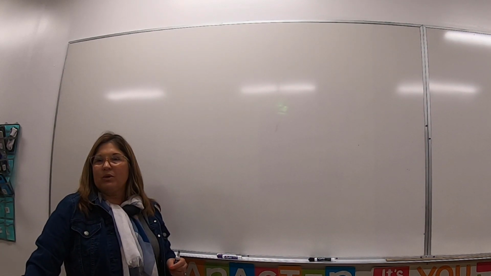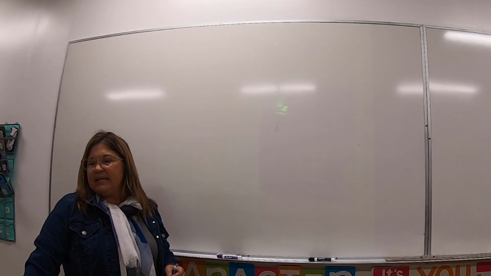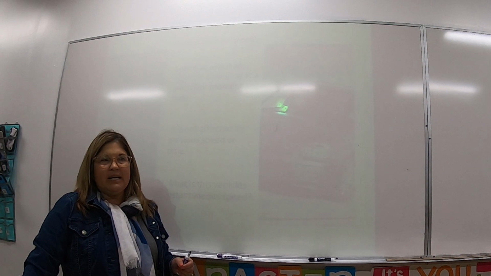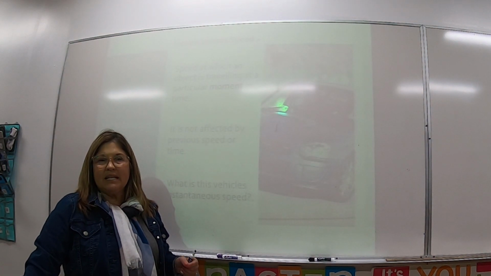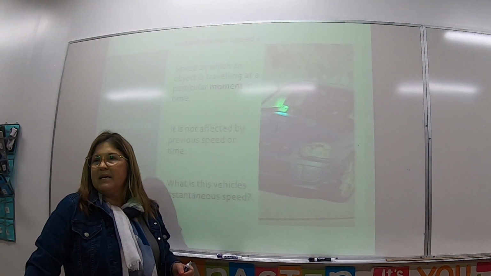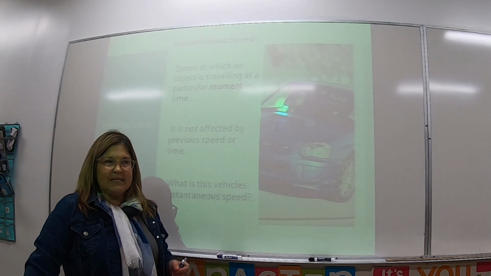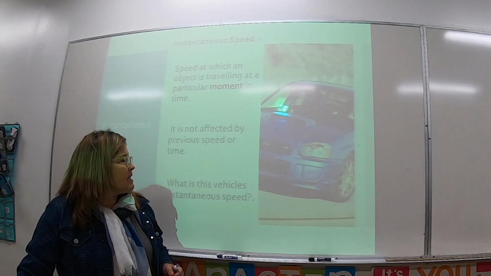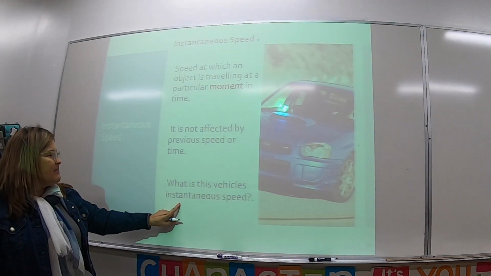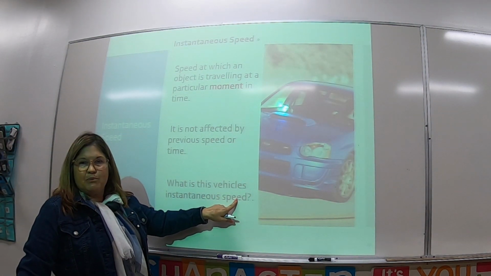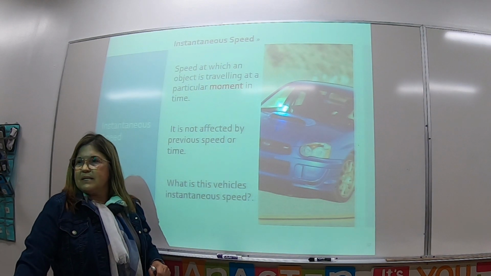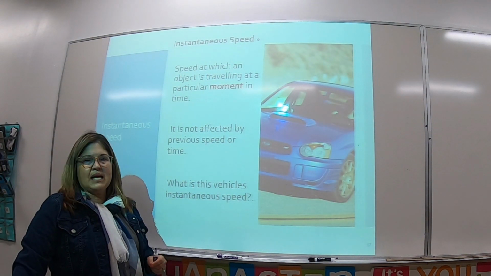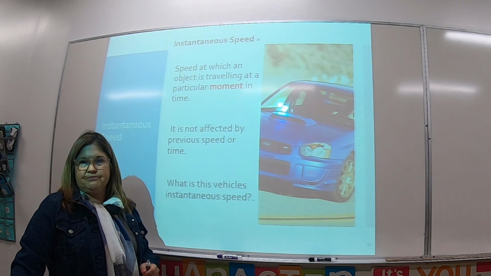When we're looking at instantaneous speed in a car driving, if you look down at your speedometer at that particular moment in time, that would be your instantaneous speed. And this one said, what is the vehicle's instantaneous speed? Well, it depends on the moment in time, so 110 kilometers per hour.